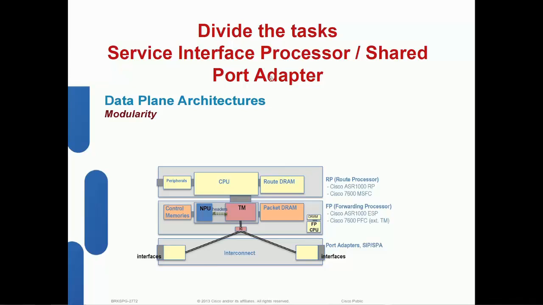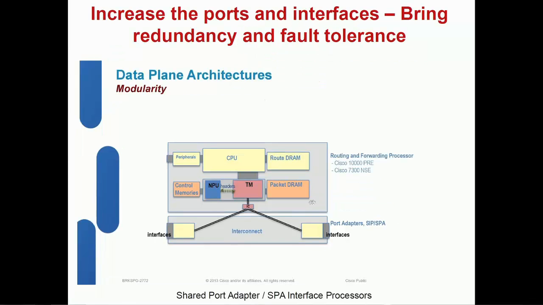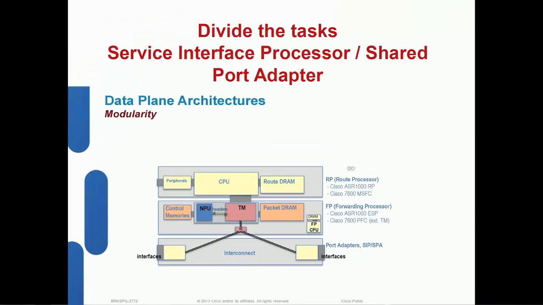Now after that, what happened was, they divided further. So look at this, then they split it one more time here. I can have one route processor, I can have many forwarding processors, and I can have many port adapters that are connected to the forwarding processor. That is the next improvement.